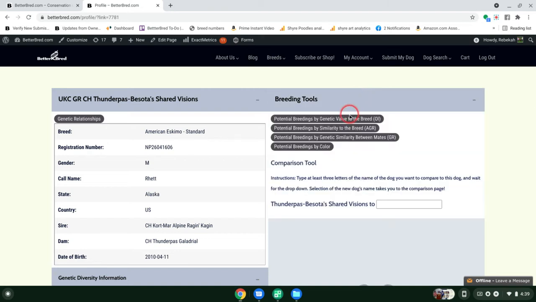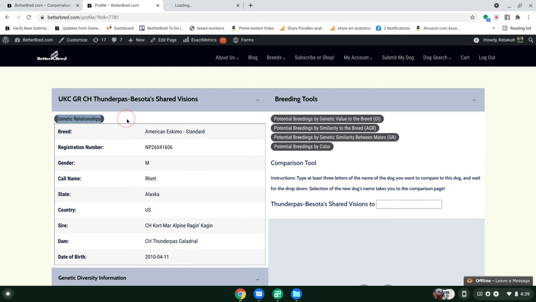All right, so for our premium members, this is what you can have on your dashboard. If you're a premium member, you have access to potential breedings lists, which will show you all the dogs in the database. Plus, you can also look at genetic relationships, which is kind of a cool thing to look at.